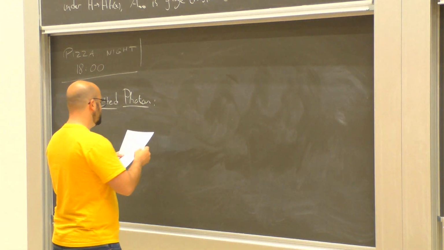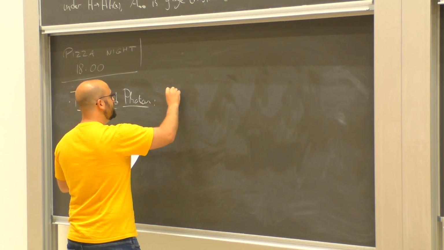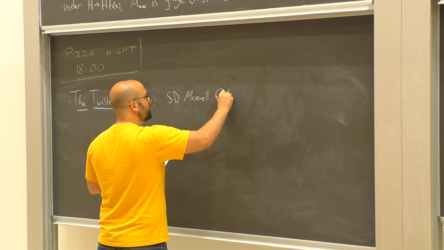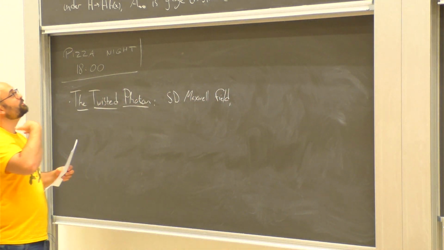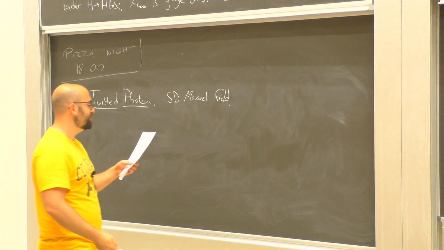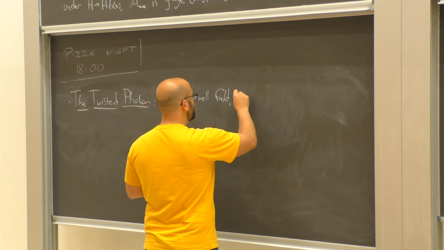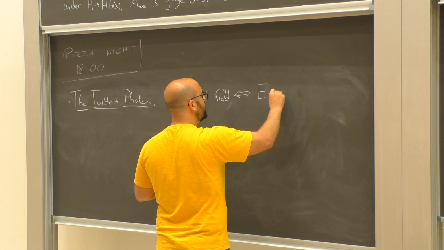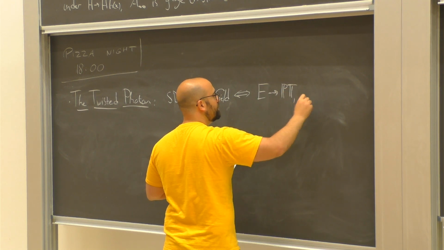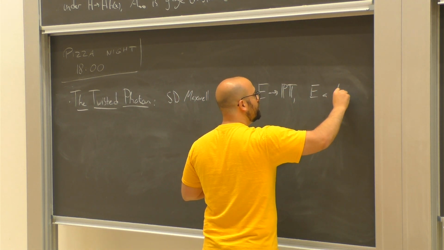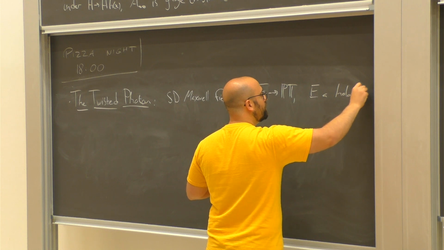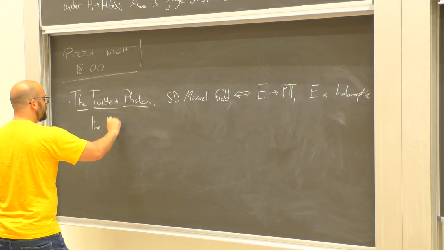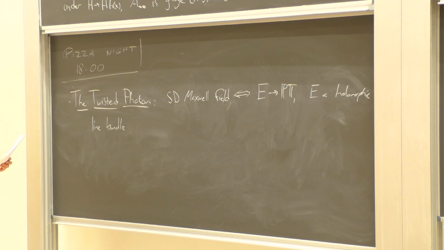So we're going to consider a self-dual Maxwell field. In the language of Ward's theorem, which of course I just erased, that corresponds to a holomorphic line bundle on Twistor space.